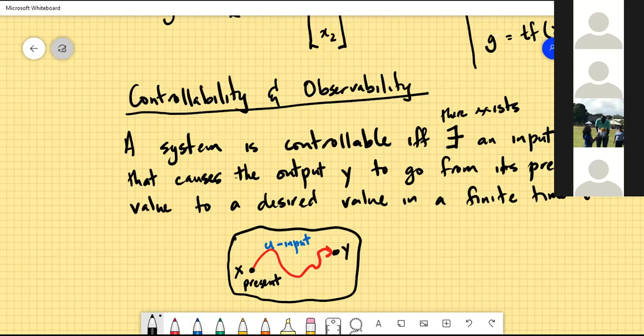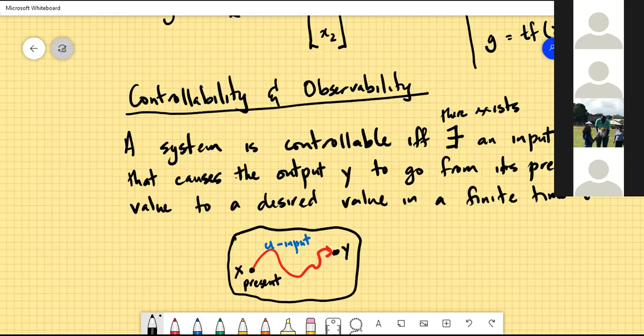So let me terrorize Zavina and say, let us say that the present state is girlfriend and the desired state is wife. Then the system is controllable if there's an input U that will take you from that state to the desired state.